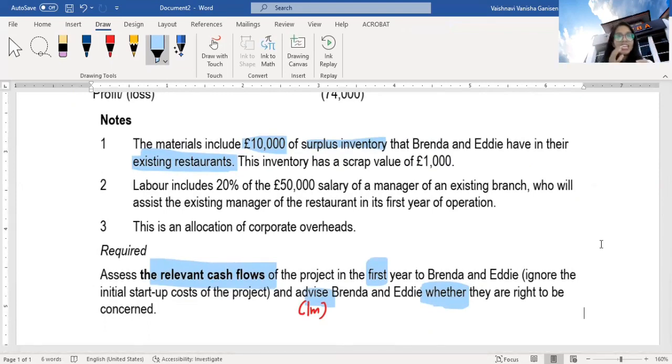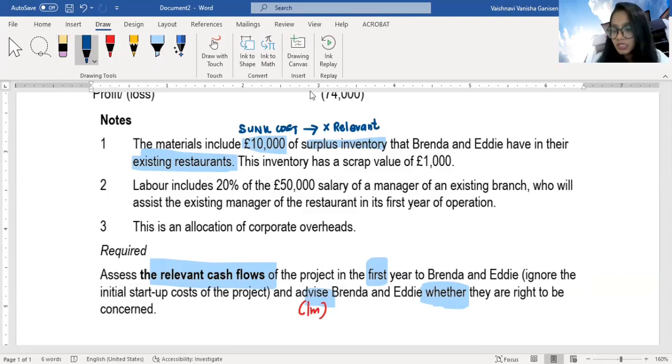This 10,000 pounds of inventory is already there. You bought it a long time ago and it's just sitting in your inventory. That means this 10,000 pounds is actually a sunk cost, a historical cost. So is 10,000 pounds relevant or not? It is not relevant. Why? Because it is a sunk cost.